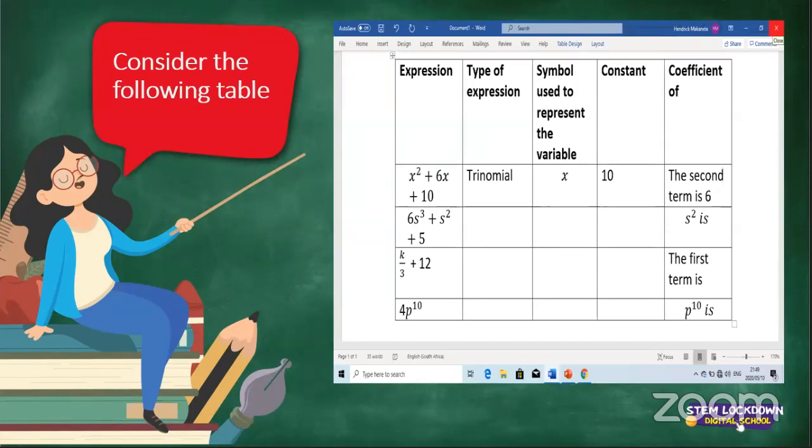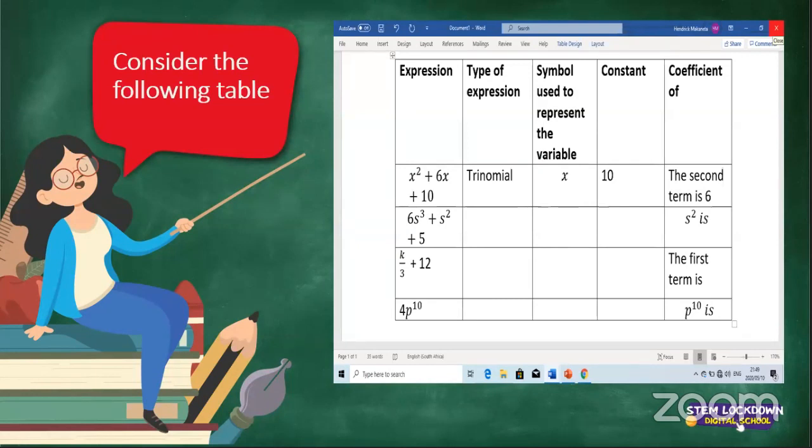There's no constant. Yes. Meaning that the constant is 0. Yes, sir. Okay, I agree with you. And the coefficient of P to the power of 10 is 4. Exactly. So the coefficient of P to the power 10 is 4. So 4 is the coefficient.